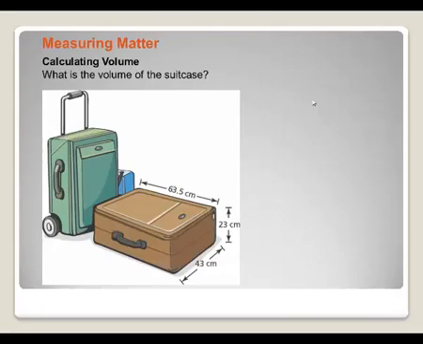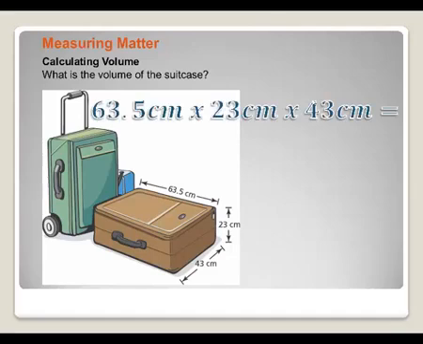So measuring volume. If we can calculate the volume using a graduated cylinder, that's perfectly fine. There are certain things that it becomes more difficult to use a graduated cylinder to measure its volume, unless it's a very large graduated cylinder. So if we have a regular shaped object, all we need to do is measure the volume by multiplying the length times the width times the height.